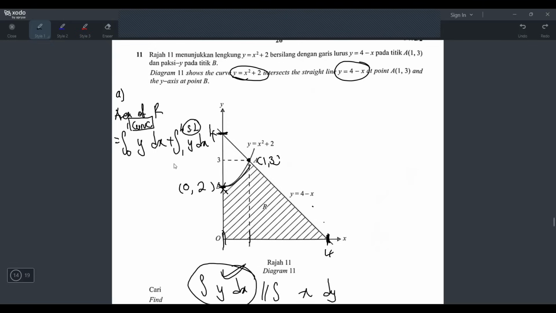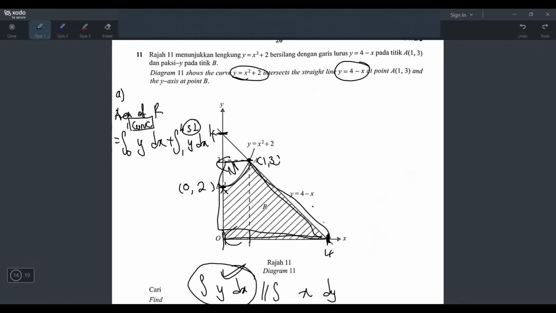Macam tu lah. Okay, what if I use another method? What if I integrate towards y-axis? Can also. But that one you have to take area of trapezium because you are integrating straight line, trapezium, minus integrate, minus this one. If you want to integrate towards y-axis, you have to take a straight line minus curve. Okay, and the straight line one is the trapezium shape minus this part if you integrate towards y-axis, right?